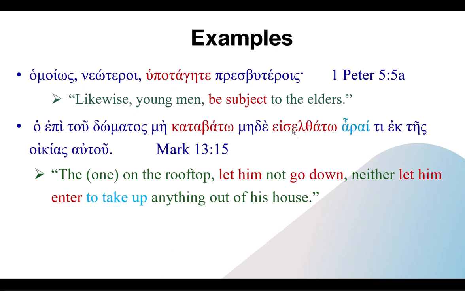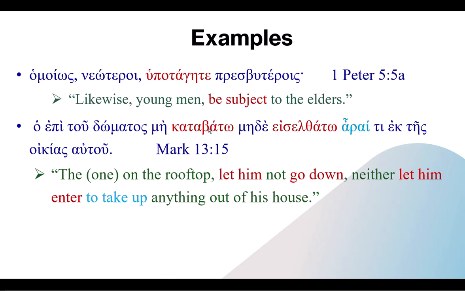So we have a couple of nice aorist active imperatives. These are third singular. We can tell it's aorist because of ba being the second aorist stem for baino, and katabaino is built from the word baino. And then we have eiselthato, and elth is your second aorist stem from erchomai.